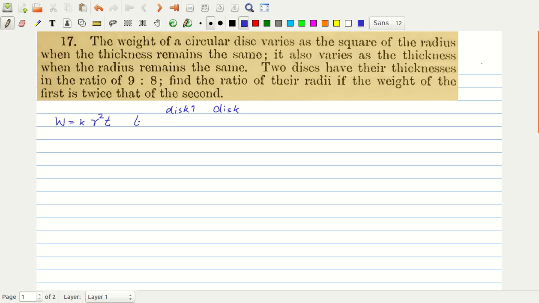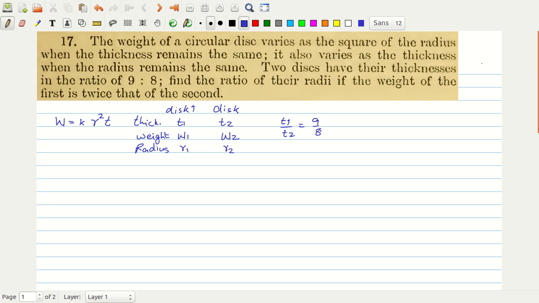We have thickness T1, T2, weight W1, W2, and radius R1, R2. So, they have given this ratio T1 is to T2 is equal to 9/8.